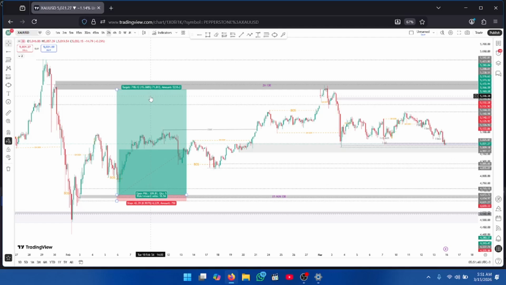We said that, guys, this call has a very high pip value, and the minimum stop loss, or the minimum risk that you're supposed to take here, was about $42. This was a very high-risk trade, simply because not all traders can afford to risk $42 on a single position.